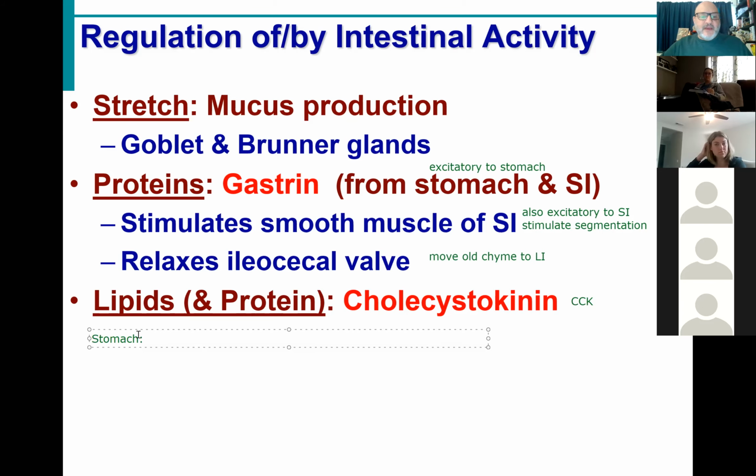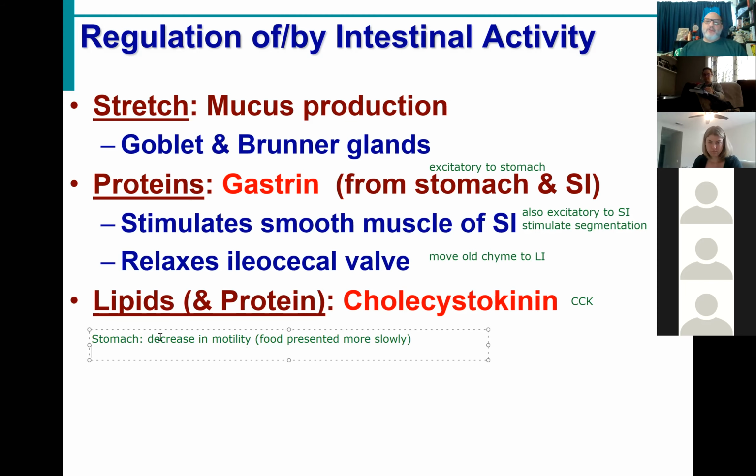So to the stomach, this cholecystokinin is going to cause a decrease in motility, so the food is presented more slowly. But we need additional help to break down those lipids.